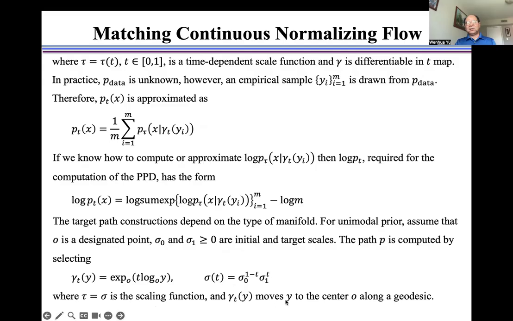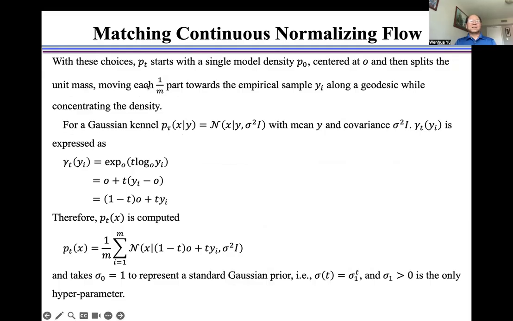Gamma t moves y to the center O along a geodesic. With these choices, P_t starts with a single unimodal density P0 centered at O and then splits the unit mass, moving each 1/m part towards the empirical sample y_i along the geodesic while concentrating the density.